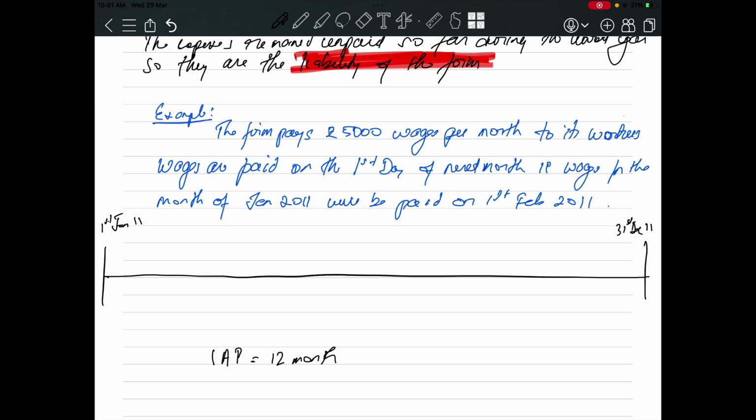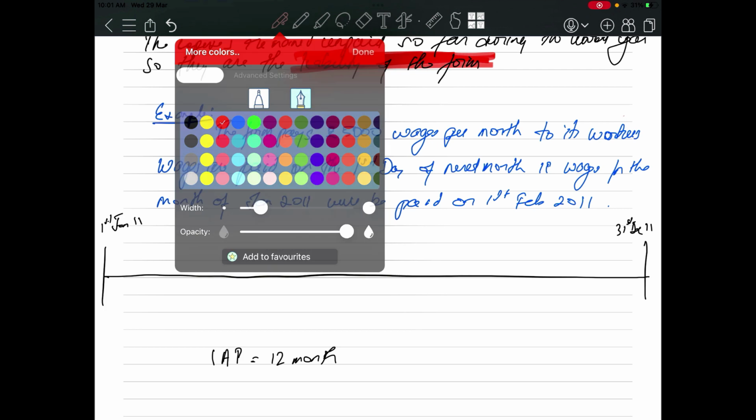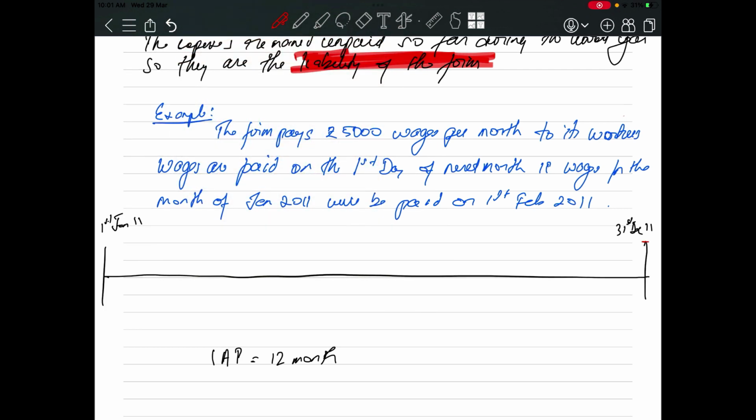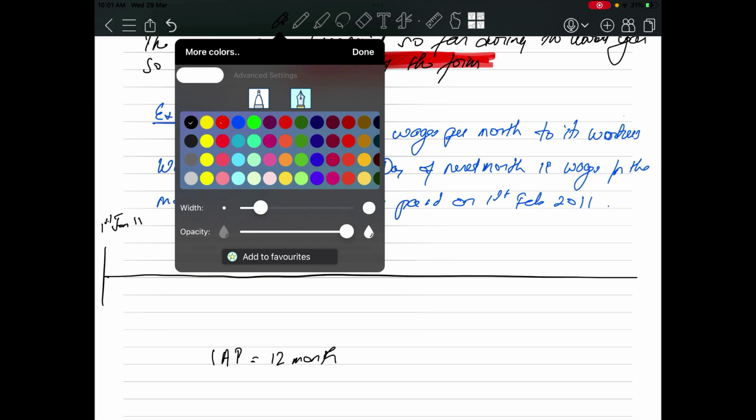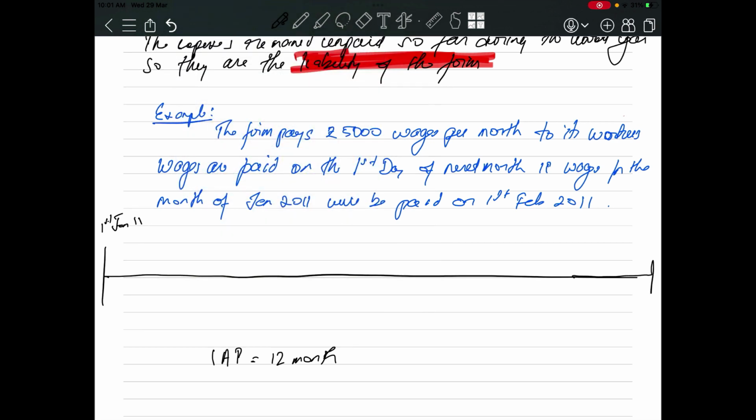On 31st December 2011 we'll have to close our books of account, for the year 2011.